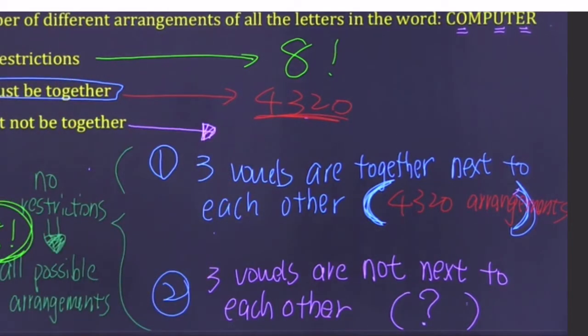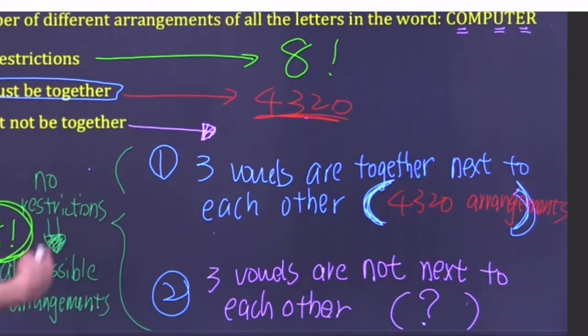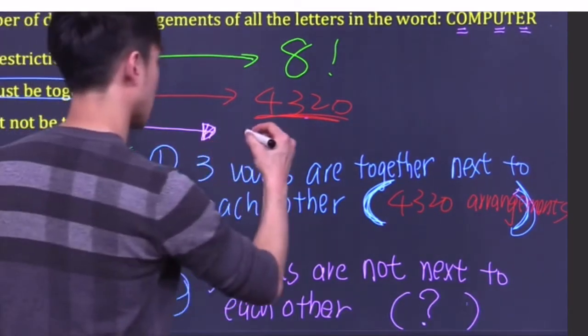That's it, guys. So for question number 3, how many different arrangements are there when the three vowels are not all together, are not next to each other? Easy. We just go with all the possible cases.